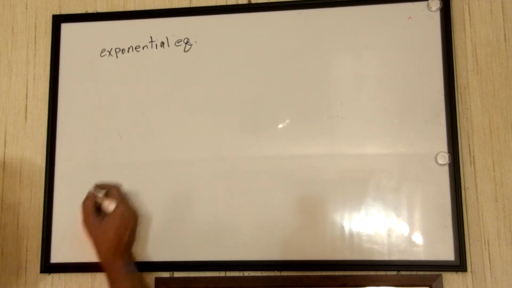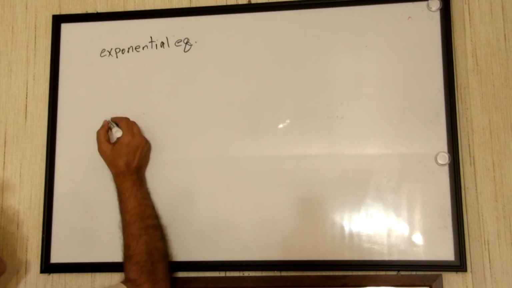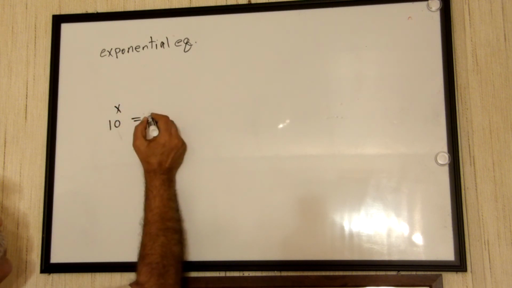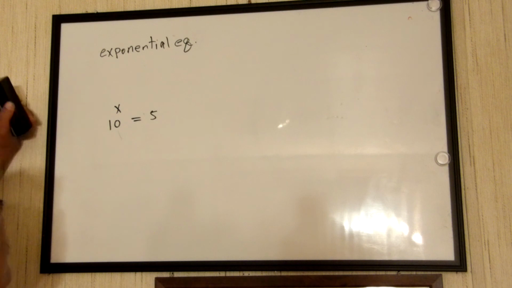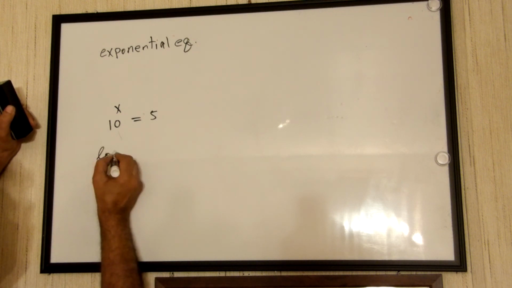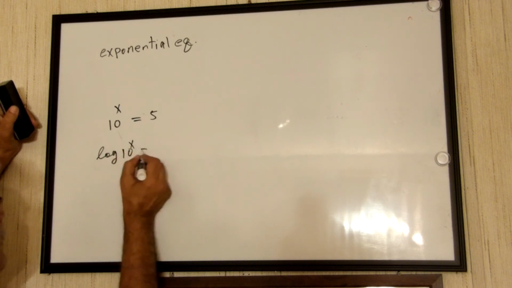Now look at this one: 10 to the power of x is equal to 5. How do we find x? We use log. We take log of both sides, 10 to the power of x is equal to 5.